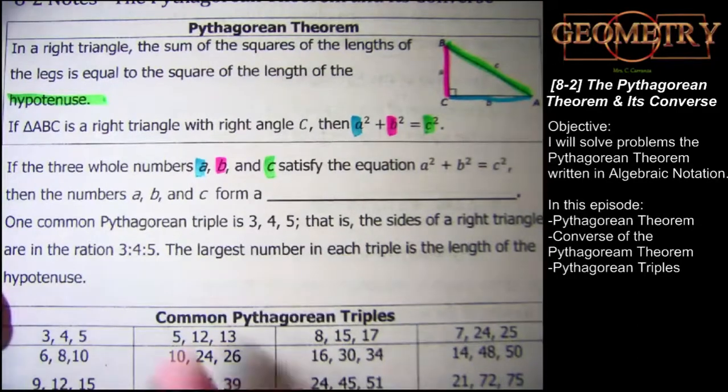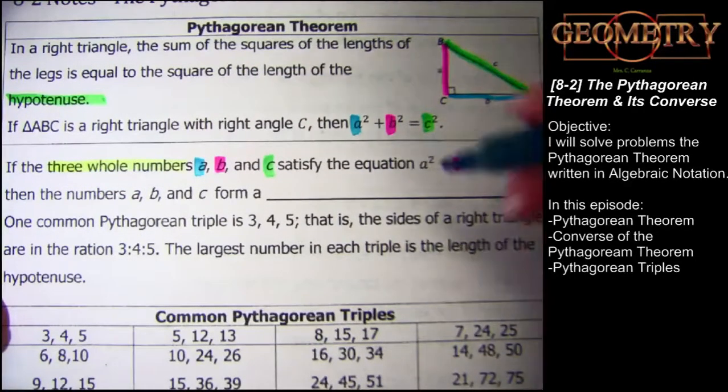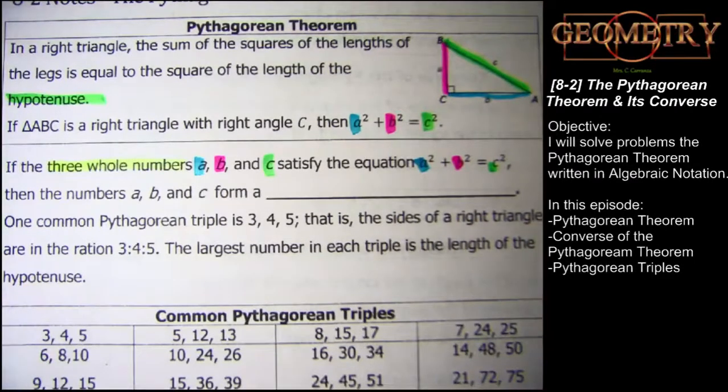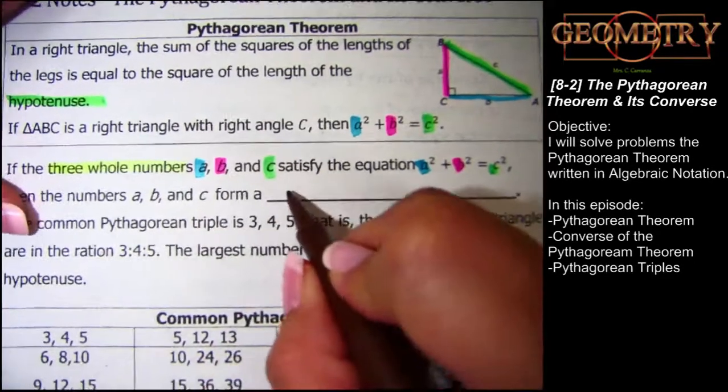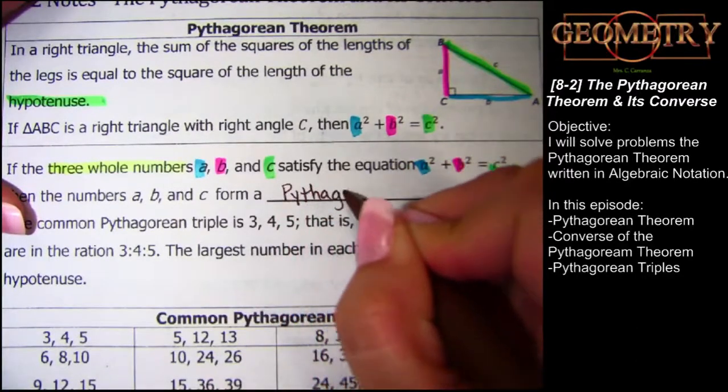Well, if they are actual whole numbers and they satisfy this equation, a squared plus b squared equals c squared, the Pythagorean theorem equation, then those three numbers form something called a Pythagorean triple.